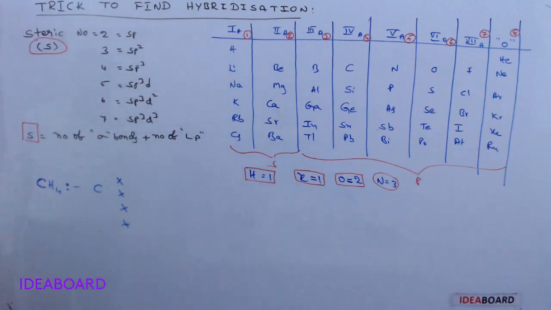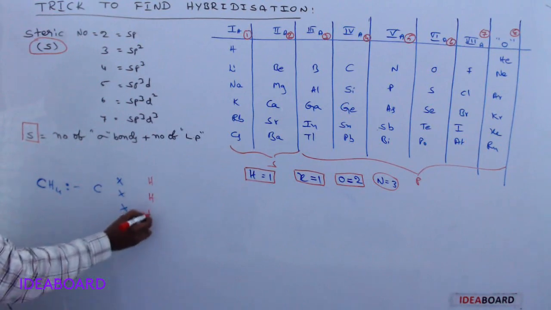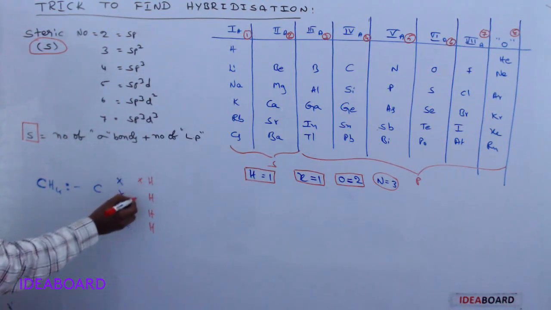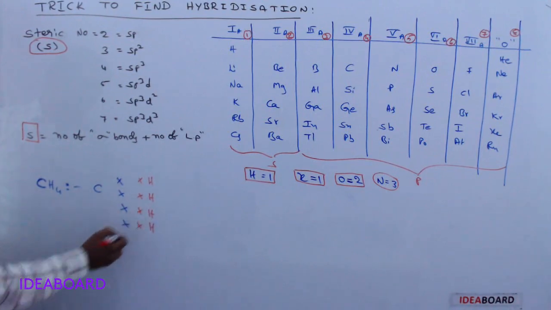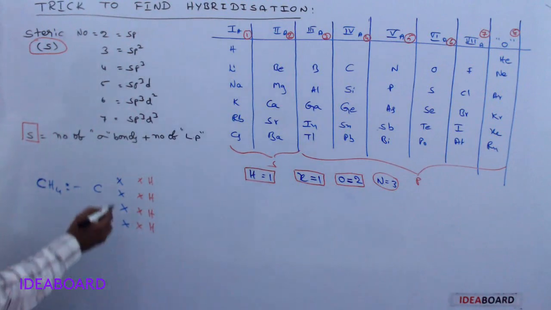And in the CH4 molecule, how many hydrogens do we have? 4. So each hydrogen has one electron, 1, 2, 3, 4 electrons. Each hydrogen can make how many bonds? One bond.